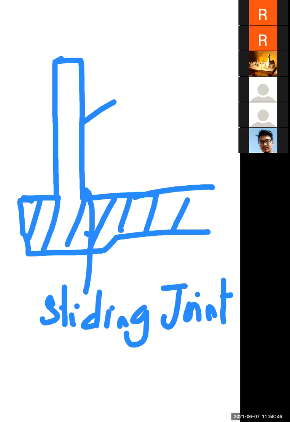By providing a sliding joint, we make or provide a flexible joint here, or we provide some movement here.